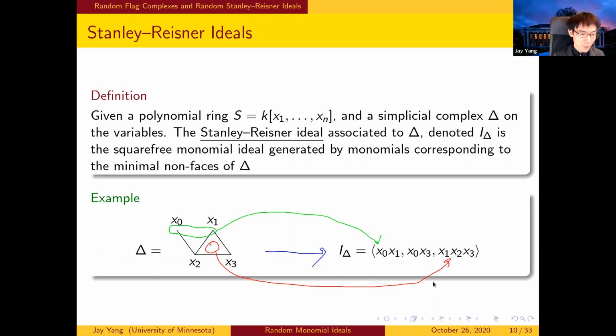And the reason this is an interesting correspondence, besides taking simplicial complexes, which we now know we have a random model for, and giving us ideals, which we wanted a random model for, is that this correspondence is actually a one-to-one correspondence between square-free monomial ideals and simplicial complexes.